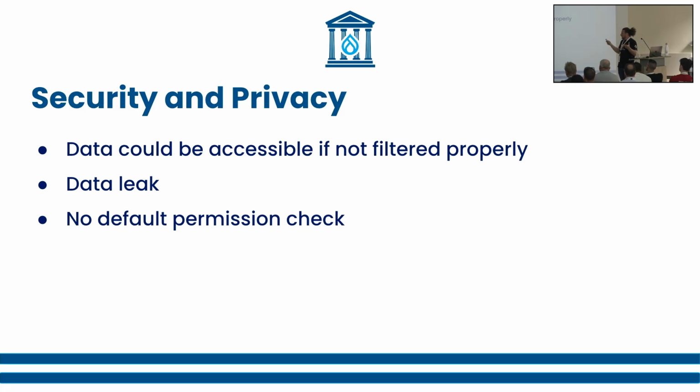And because there is no default permission check, you need to be careful on that. You can use the metadata for that. You can add the role, the user ID, or whatever, and then you can also use Drupal: retrieve the chunk, see which content it belongs to, and see if the user has access. But it's a longer process, so with the metadata it will be much simpler.